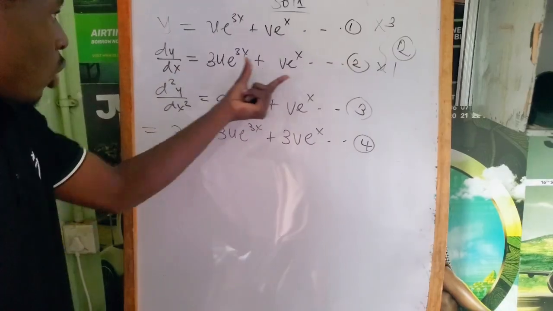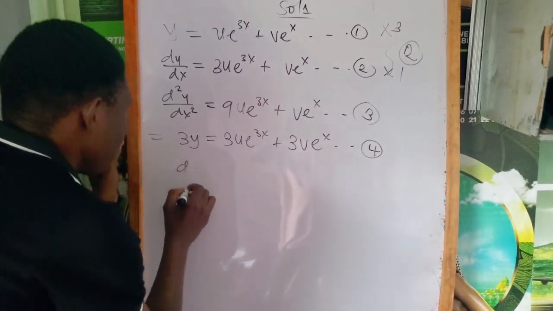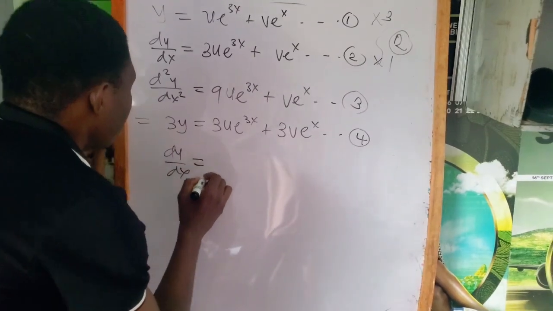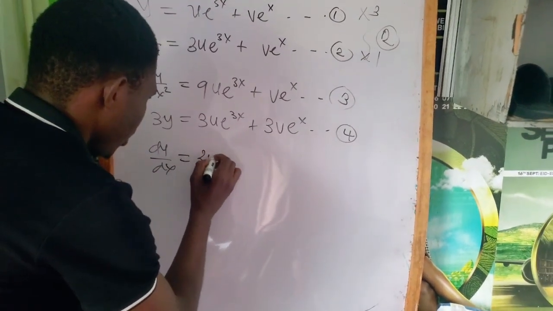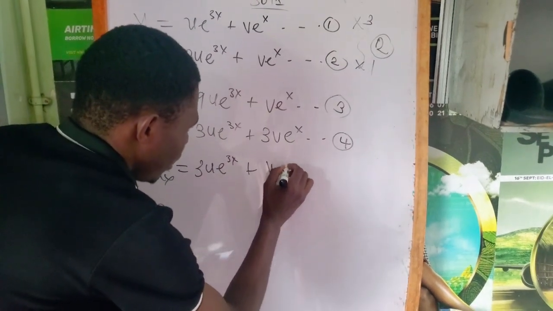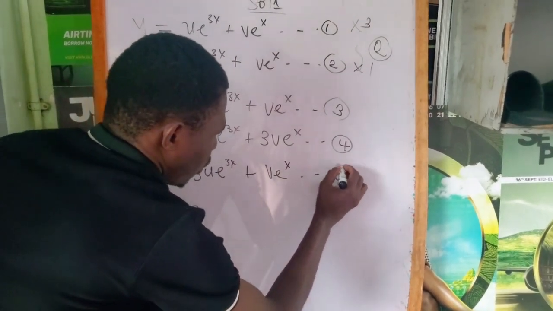Now let's write the second one. Multiplying this by 1 will not change the value. So dy/dx is equal to 3u e to the 3x plus v e to the x. Let's call this equation 5.